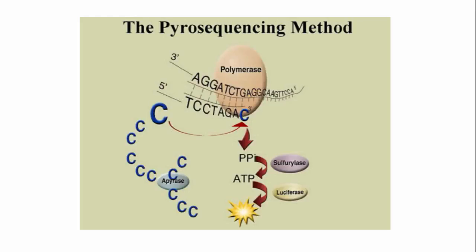So if you use something that looks like a computer chip and spread, using nanotechnology, a sample of DNA across it, and then you add DNA polymerase and different bases all the time, you can see whether a C, an A, a G, or a T is integrated into each of those growing DNA chains.